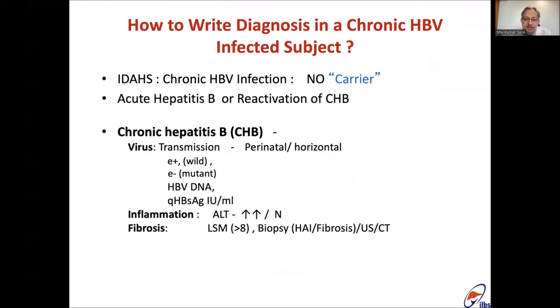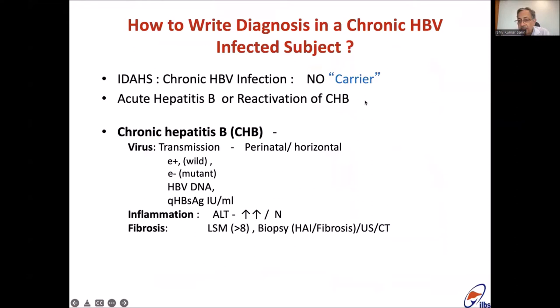In the previous lecture last week, I told you how to write the diagnosis of chronic hepatitis B. So if you have a person who has infection and it is chronic, meaning more than 6 months, we call it incidentally detected asymptomatic HBsAg positive subject, IDAHS.